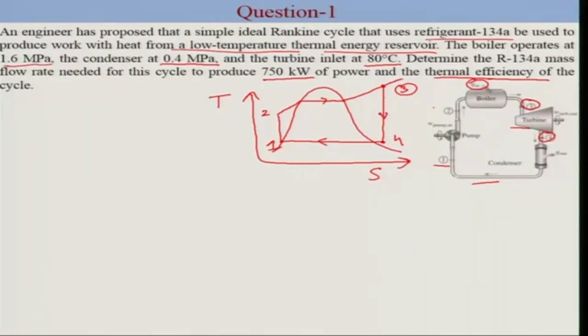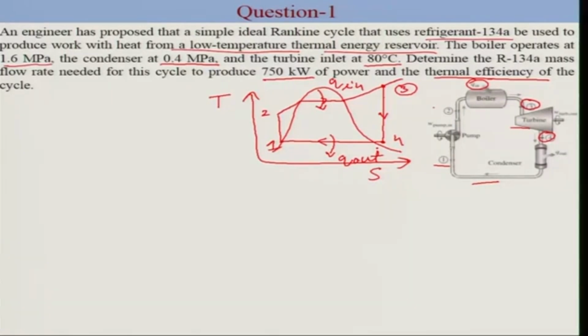So this is the complete ideal Rankine cycle. So heat is coming in here and it will lose heat here. Now we need to find thermal efficiency and the mass flow rate of the refrigerant.